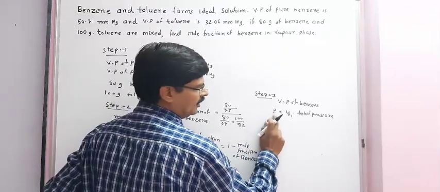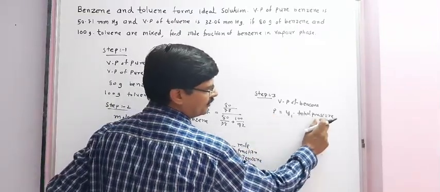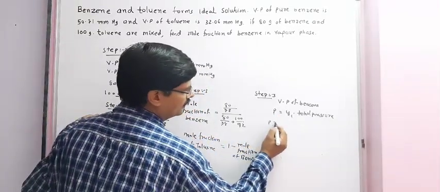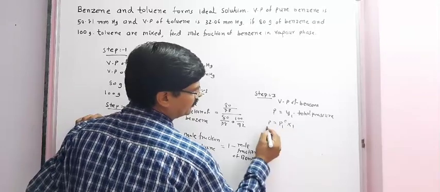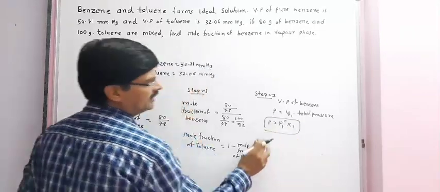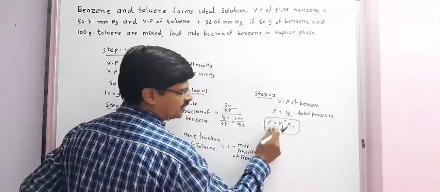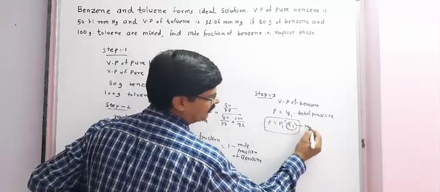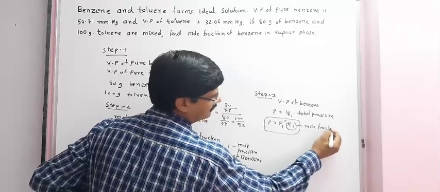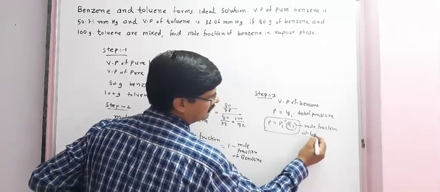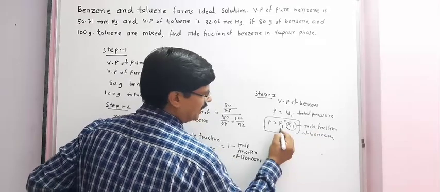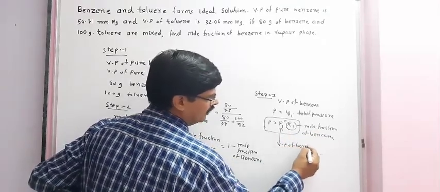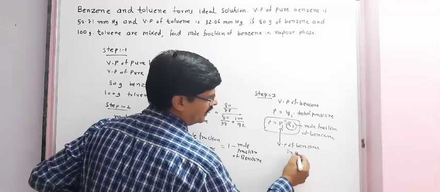Say pressure of benzene is equal to Y1 into total pressure. This we will get from P is equal to P1 naught X1. Again I teach you what is P1 naught and X1. X1 is the mole fraction of benzene, and here P1 naught is vapor pressure of benzene in pure state.